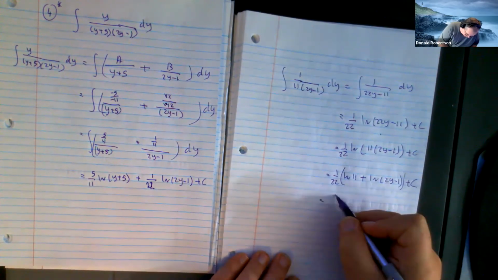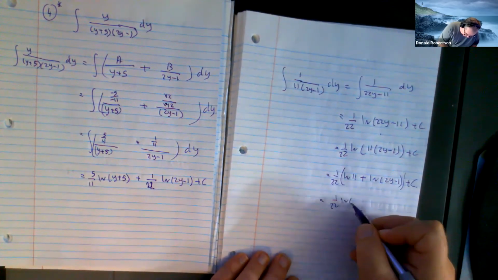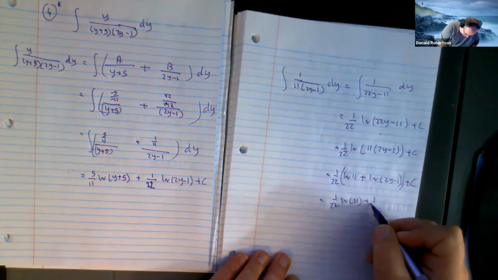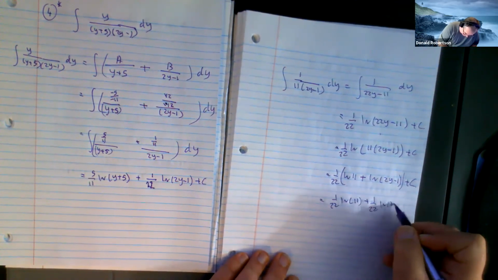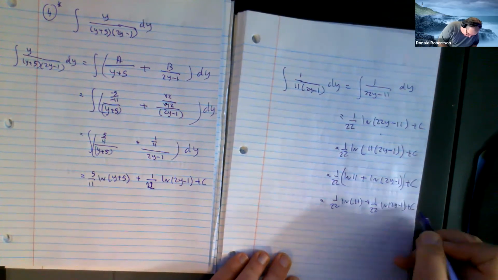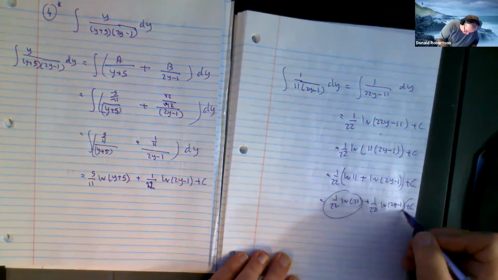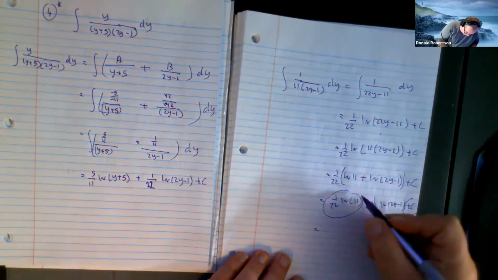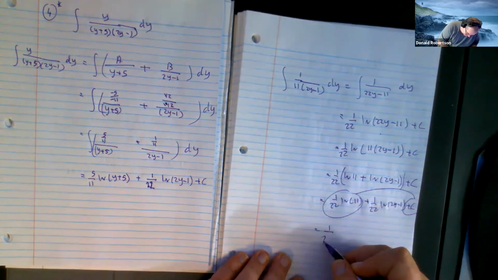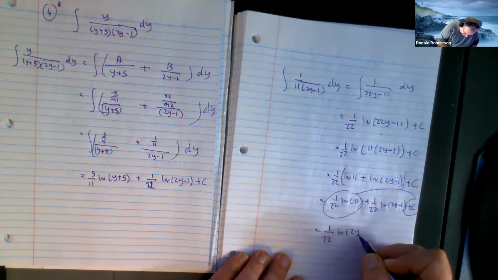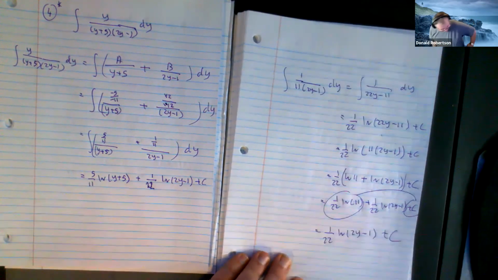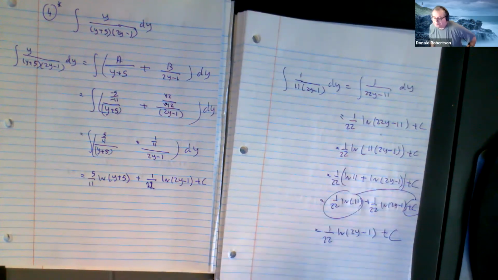This becomes this guy. Now, this is a number, and this is a number that we don't know. So those two can be combined. And since you don't know what it is, you might as well just call it plus c again.